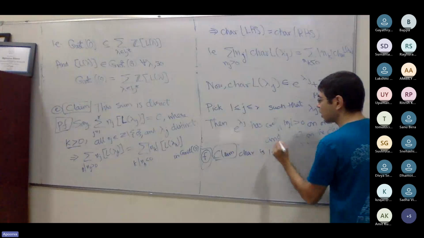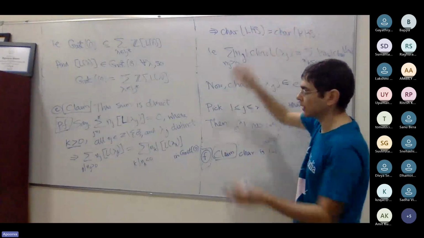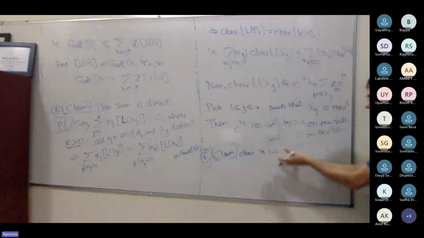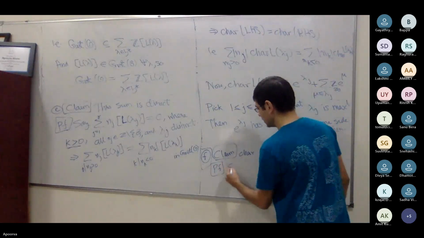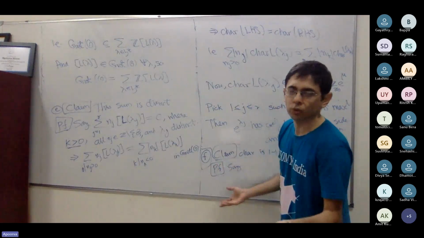This is a map from the Grothendieck group to the vector space VG. The claim is the character is one-to-one. Proof again. It's a map of abelian groups, so you can talk of the kernel.